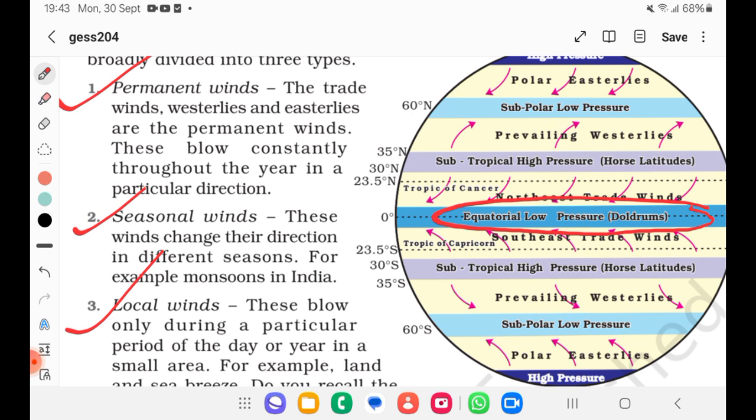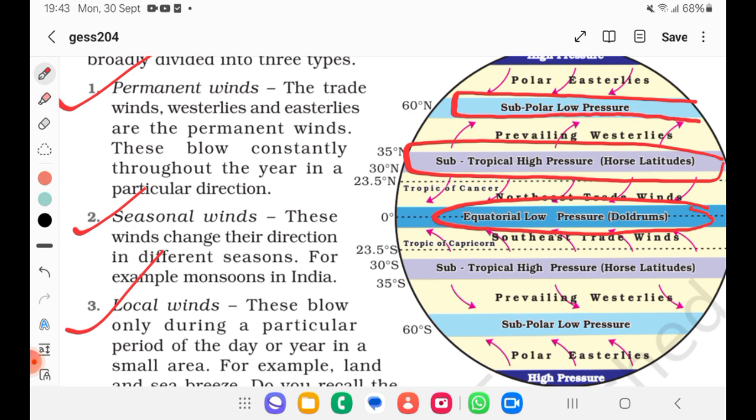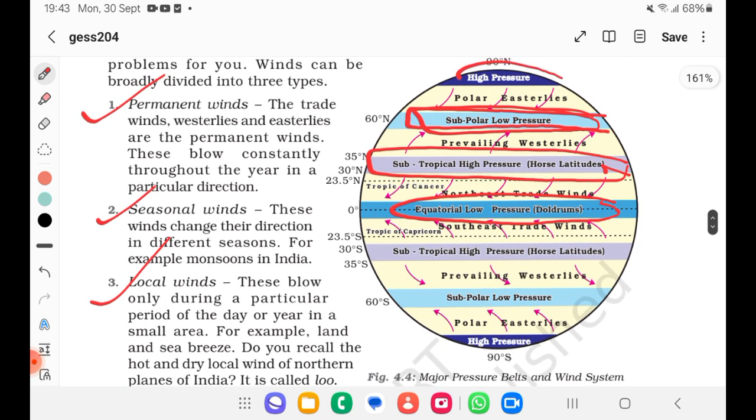If you see, this is the subtropical low, and again we have subtropical high pressure, subpolar low pressure, and then the high pressure at the poles. Okay, this is the thing. So from the high pressure subtropics it should move to the equator. So these winds are called the trade winds. From the northern hemisphere it is coming, so northern trade winds, southern trade winds.